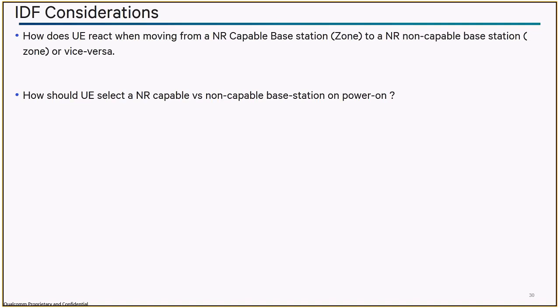Reach out to me if you want any thoughts or directions. But just remember, the UE by itself cannot tell the eNodeB that it supports NR. It can tell the eNodeB that it supports NR only in the UE capability inquiry, if in the UE capability inquiry the base station tells that it supports E-UTRA NR.